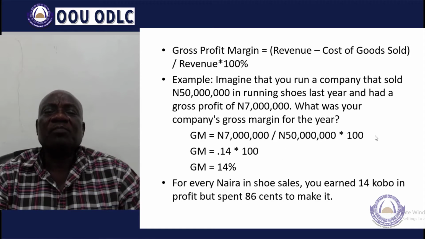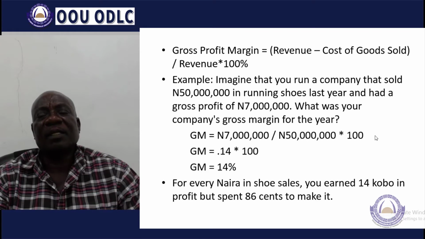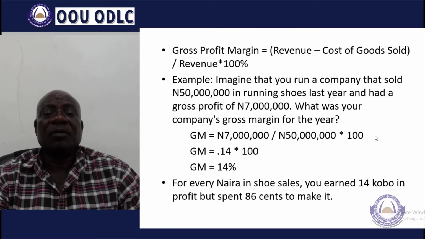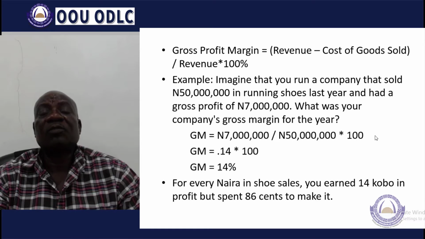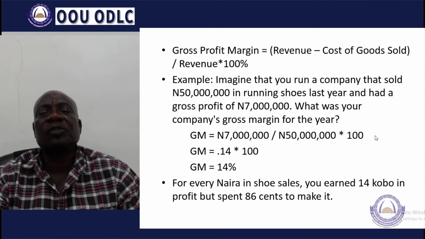If you look at the gross margin, it takes into consideration the revenue of the company, and you subtract the cost of goods sold from it, because the revenue is the turnover, the amount of sales made by the company in a particular year. In order to determine this gross profit margin, you subtract the cost of goods sold from the revenue, and you divide it by the revenue times 100.